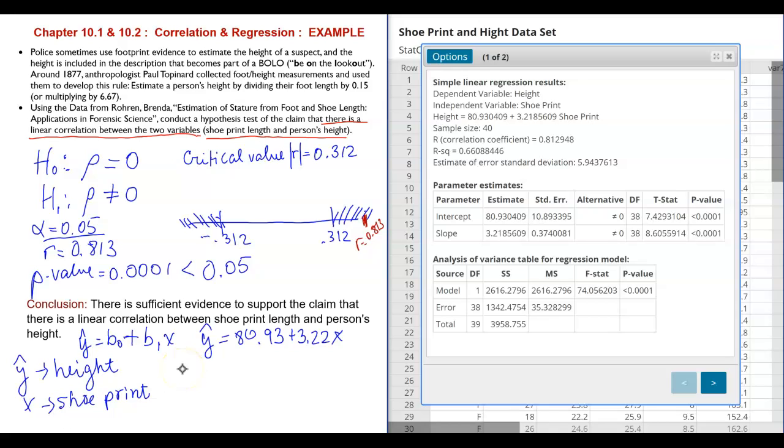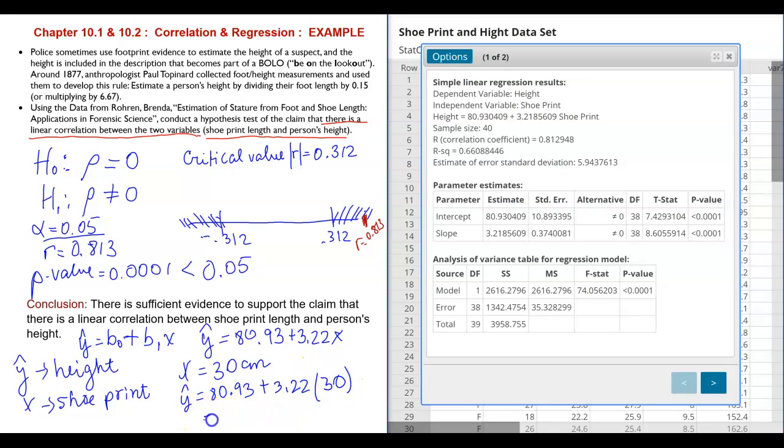Now, for example, we want to find what would be the height of a person if the person's shoe print length is equal to 30 centimeters. Well, let's see. Then y hat will be equal to 80.93 plus 3.22 times x, where x is 30 centimeters.